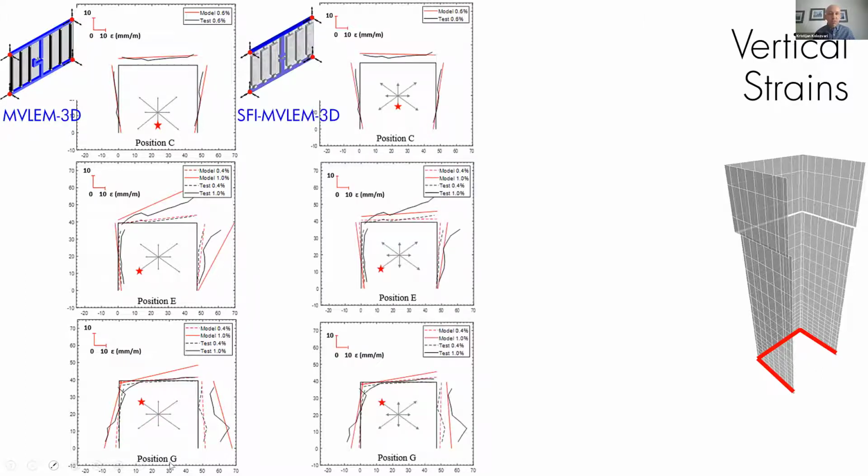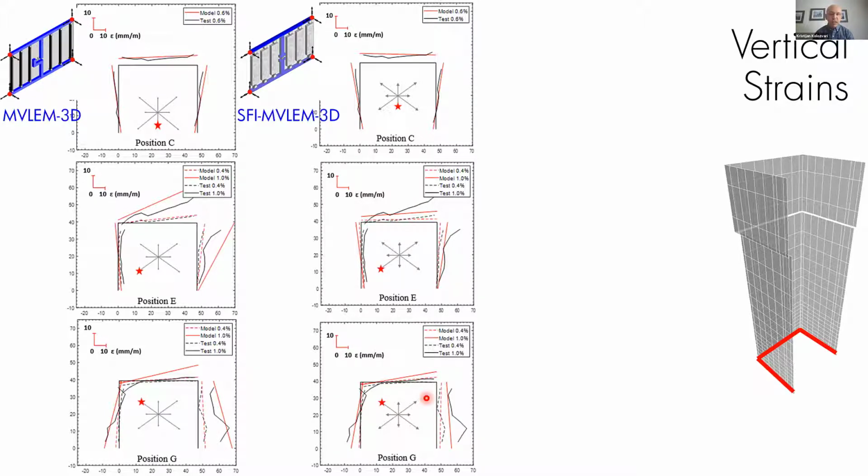Similar problem, a little bit better predictions for the shear flexure interaction model. Again, these results make a lot of sense too, because this model now has nonlinear shear deformations. That means that some of the flexural strains will unload and shear deformations will increase. So similar trend of strains, but the magnitudes are smaller because, as I said, flexure unloads, shear increases.